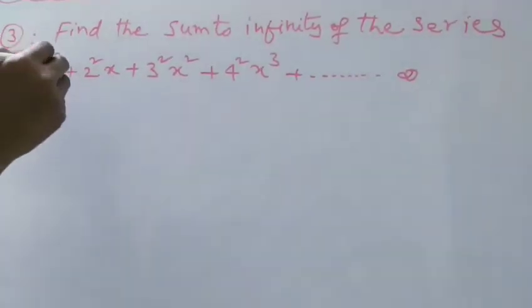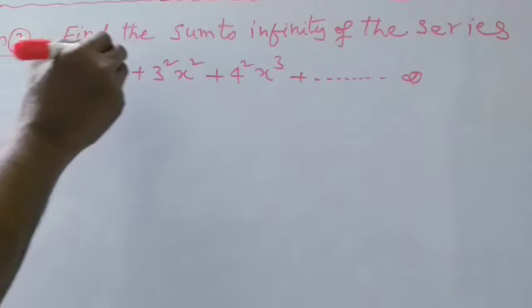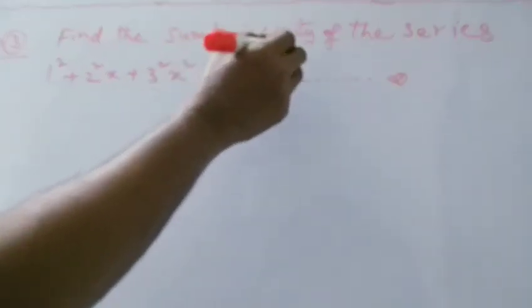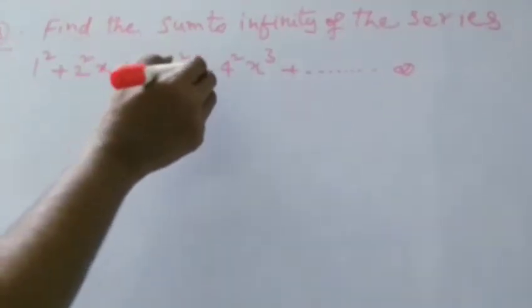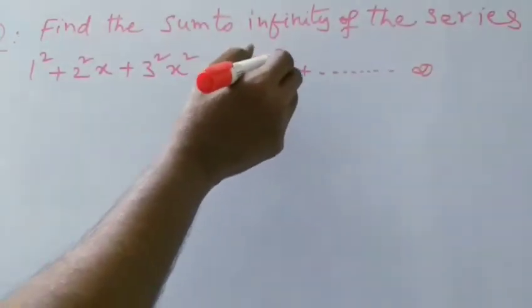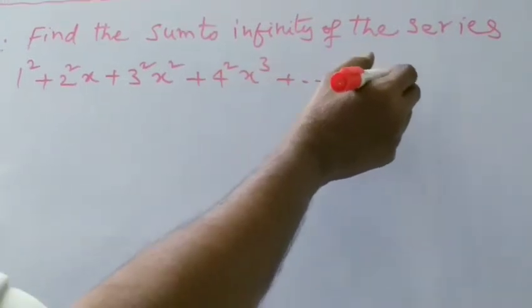Here we are given to find the sum to infinity of the series 1 square plus 2 square into x plus 3 square into x square plus 4 square into x cube plus and so on up to infinity terms.